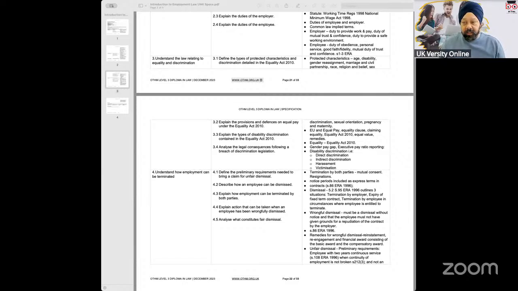And we'll be looking at understanding the requirements of how you can go to the employment tribunal, and in general, look at taking help from the arbitration service, which is ACAS, as we call it, the Advisory, Conciliation, and Arbitration Service.